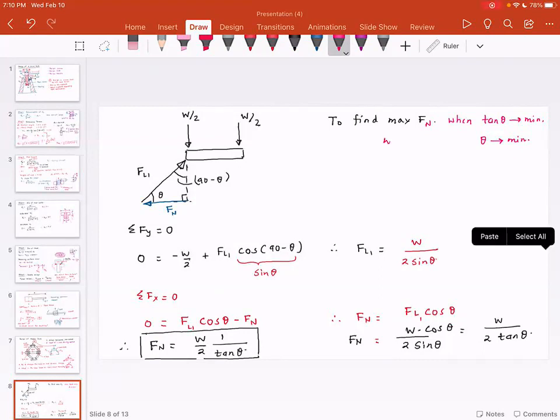So when lower, theta is going to be minimum.